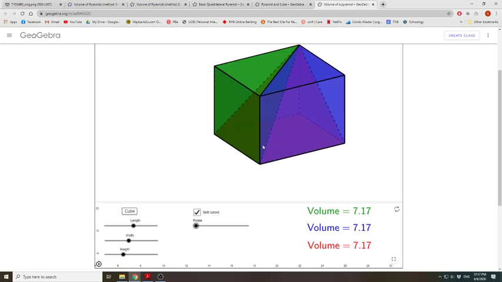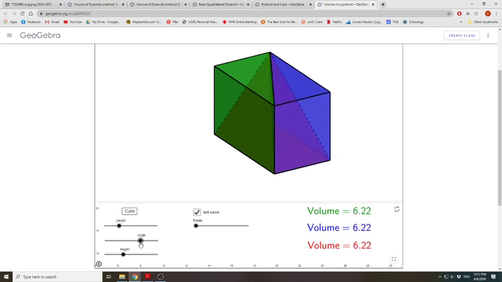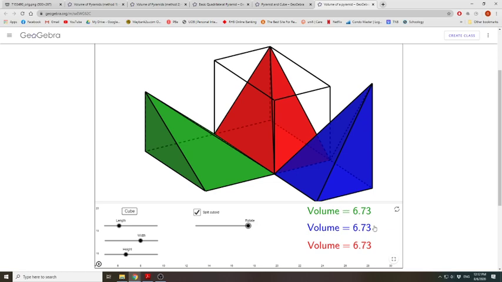As you can see here, this one is for the cuboid. If I change the length and the height and all that, and then I split the volume, all three volumes will be the same.